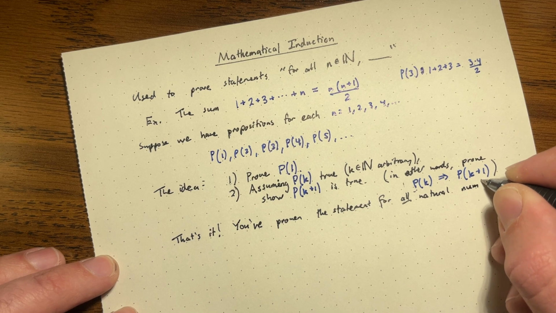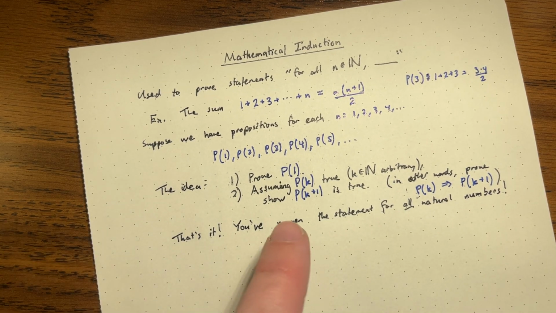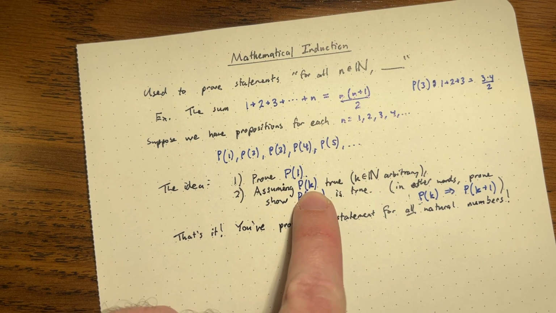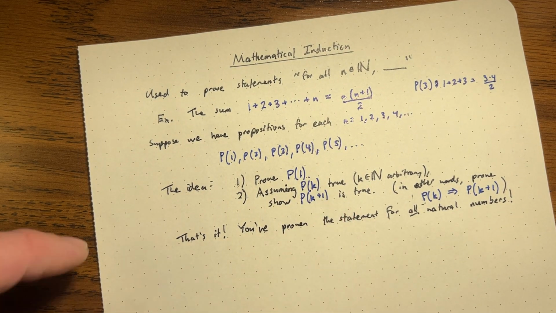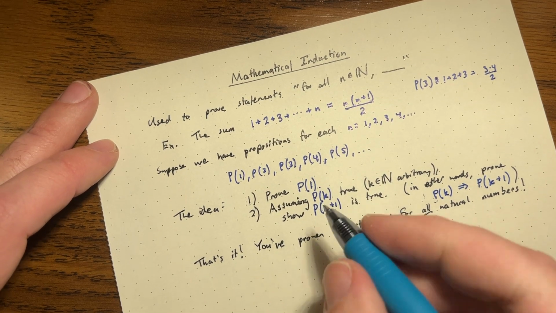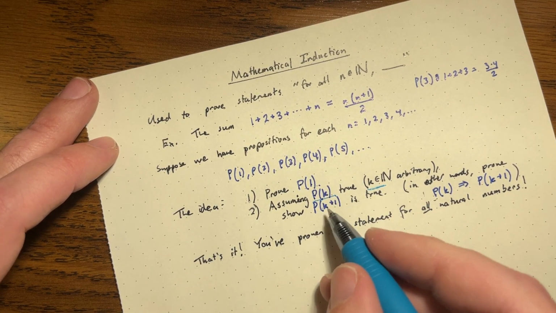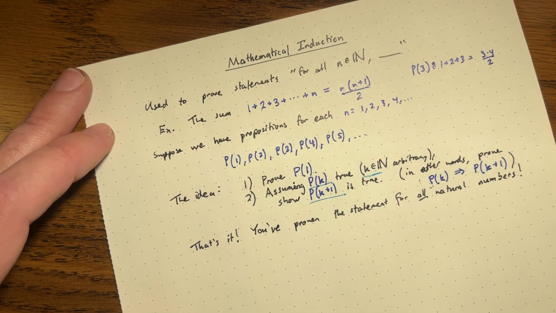Why is that the case? It seems like we only did one thing. We only proved it for one number, but that's not really what we did. We assumed it was true for one number, where that was an arbitrary k, and assuming that, we showed it's true for the next number.